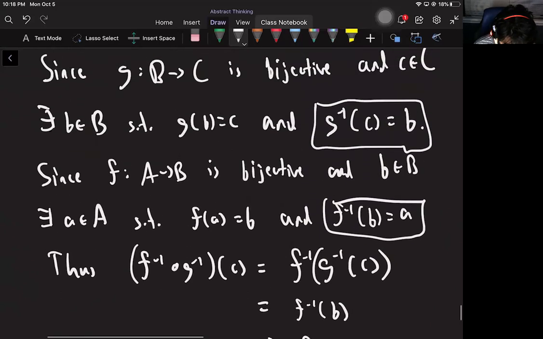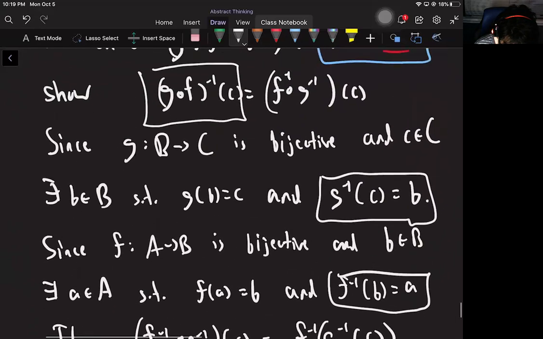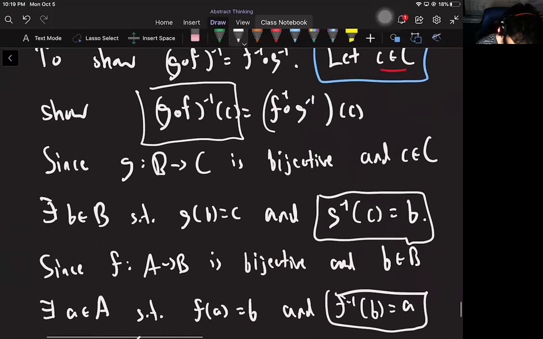So what I want to do is show that this thing also gives me A. And here's why it does. This thing is literally the inverse of G compose F. So it just does the opposite of whatever G compose F does.